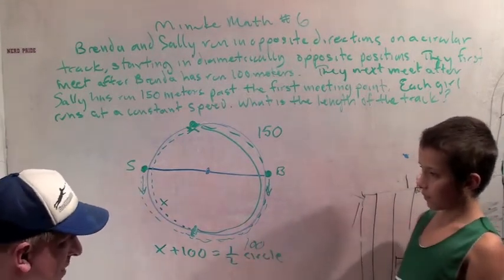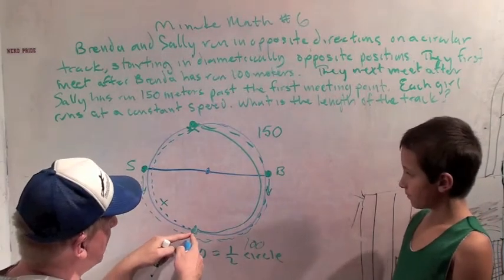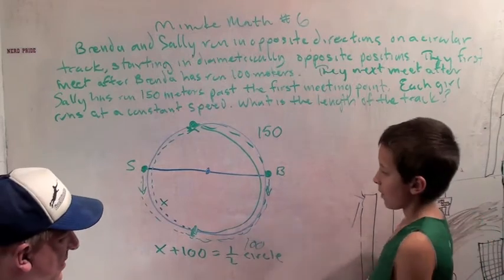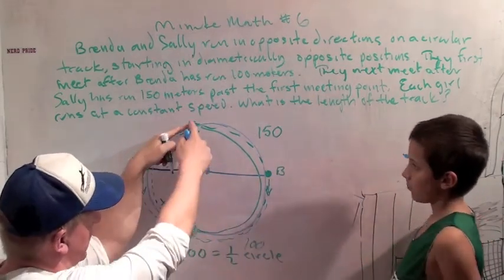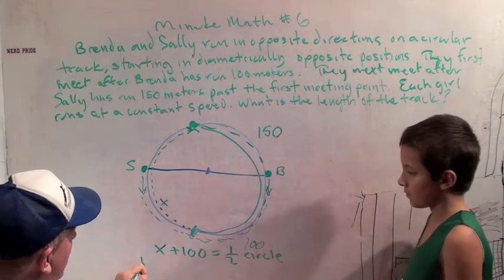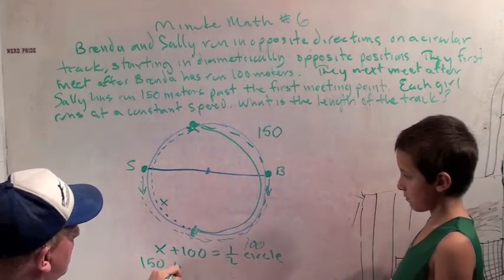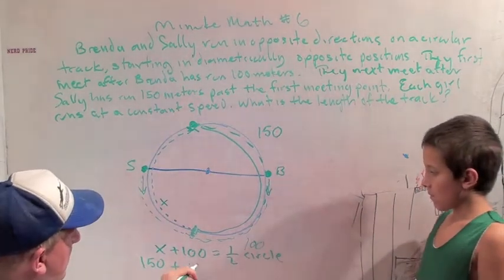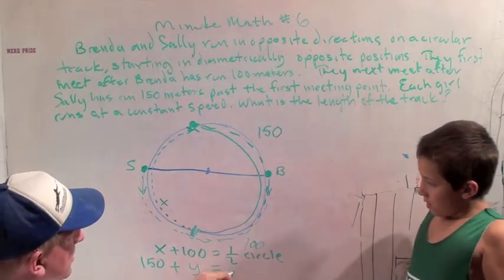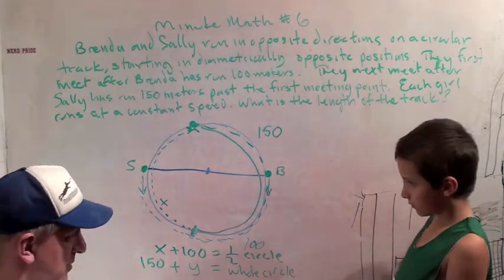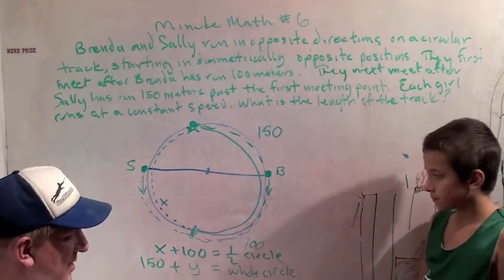Now when they meet the second time from here, what part of the circle did they run together? All of it. So the next time, 150 plus however far Sally ran, y, equals the whole circle. Well, that's interesting.